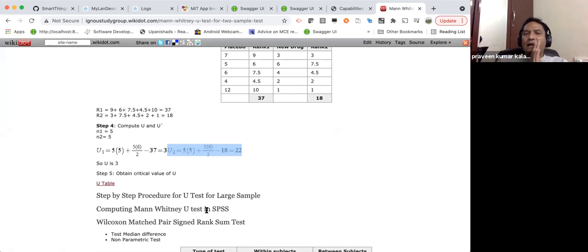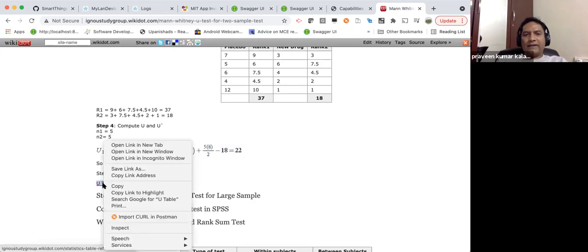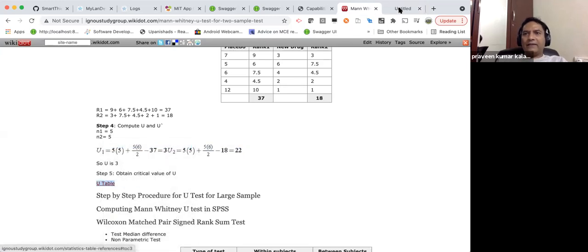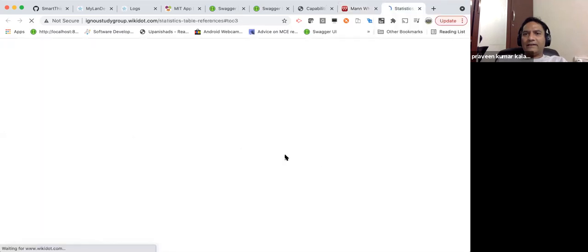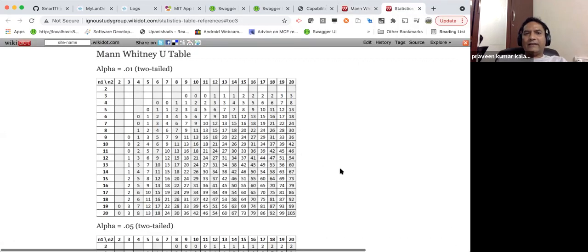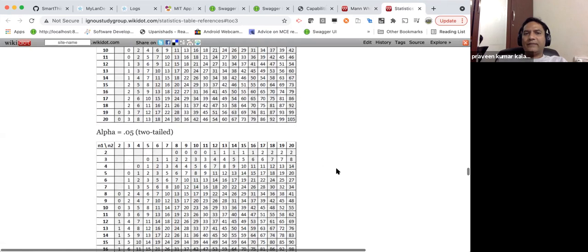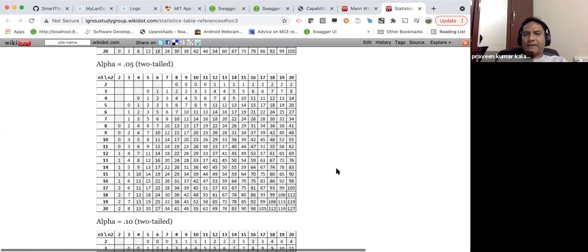Now, as usual, like any other algorithm, you check the critical value of U. We have a table here to find the critical value. There are multiple tables here. Using N1 and N2, you find the critical value.